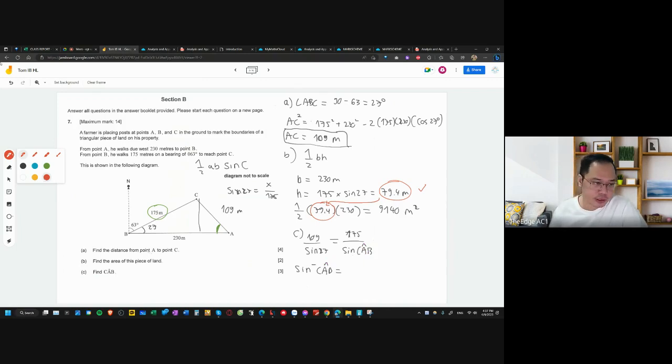Okay, so sine of CAB is sine 63 multiplied with 175 and divided by 109. And the angle CAB will be the inverse sine of that value.